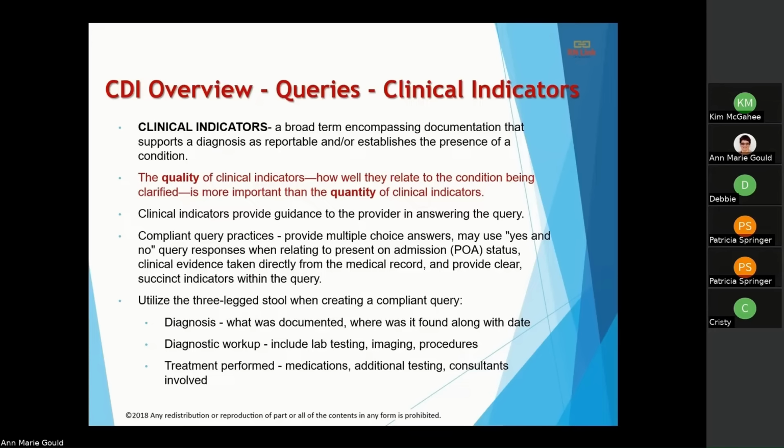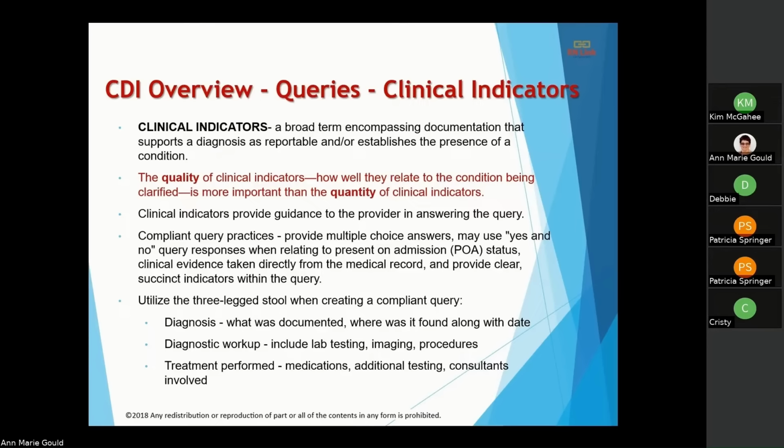We also have your compliant query practices. You always have your multiple choice. You can use yes and no query responses. Usually we use those for present on admission status. You know, clinical evidence taken directly from the medical record, and provide clear, succinct indicators within the query. I always utilize the 3-legged stool.